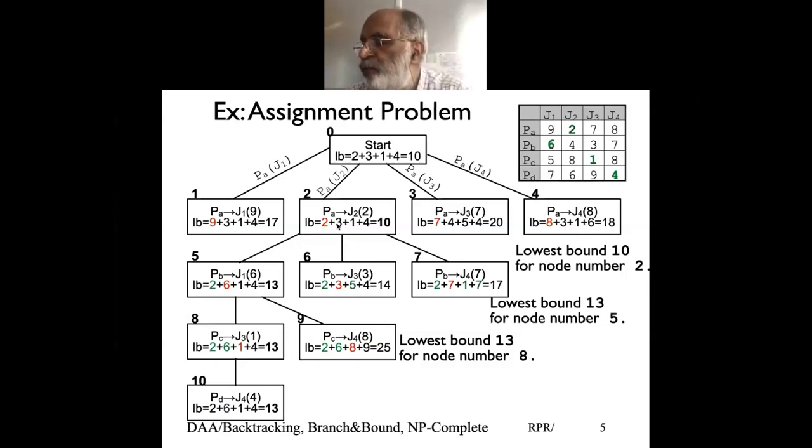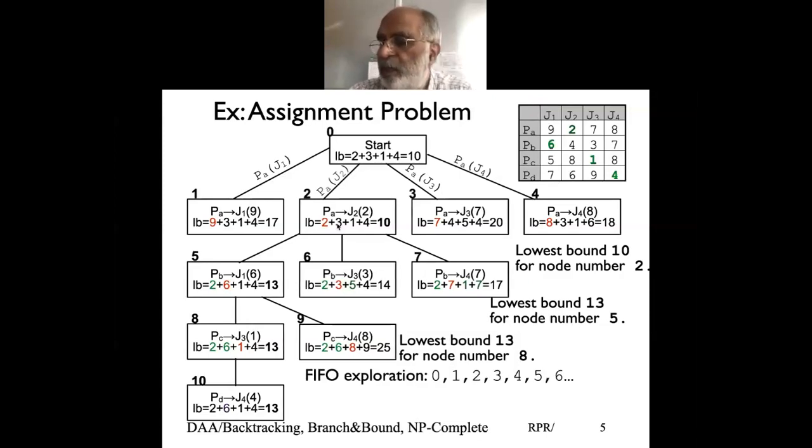As an example, we discussed this job assignment problem in our last lecture. If I need to do FIFO exploration, I start from here, and then I explore this, then this, then this, then the children of 1, then I explore 5, 6, and this is basically what would happen.